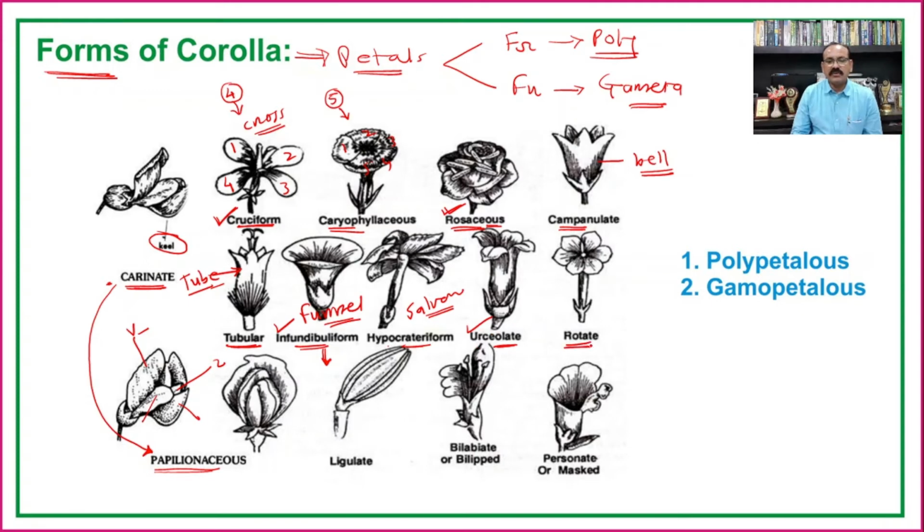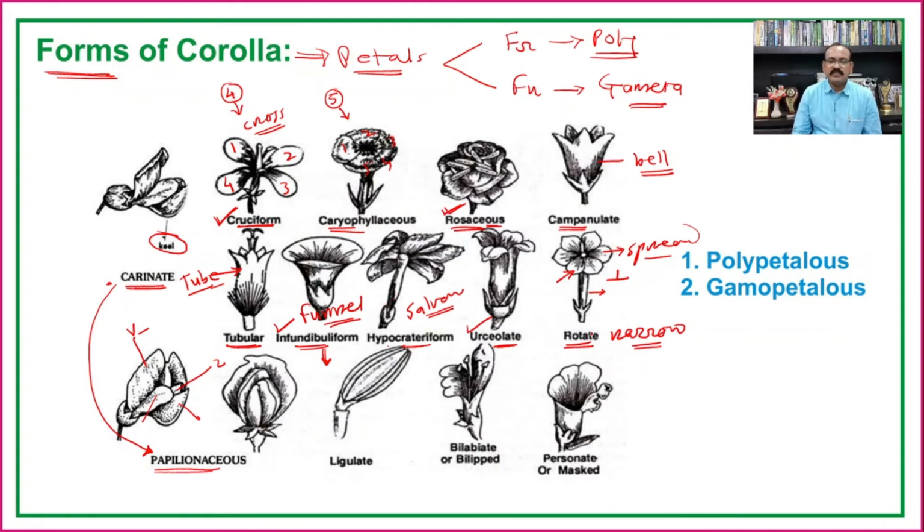In rotate corolla, there is a presence of narrow corolla tube, and the corolla lobes are spreading, and these spreading lobes are present at right angle to the tube. Means this corolla tube and these spreading corolla lobes are present at right angle.